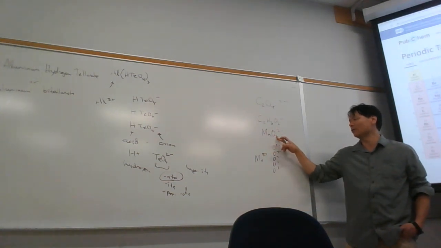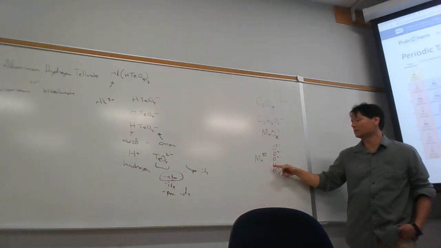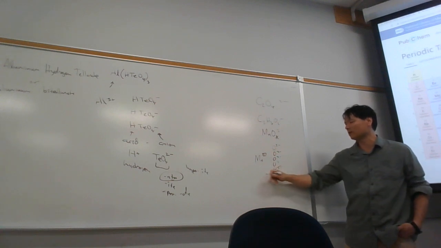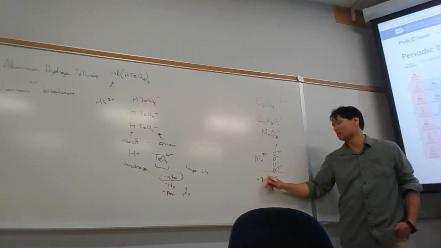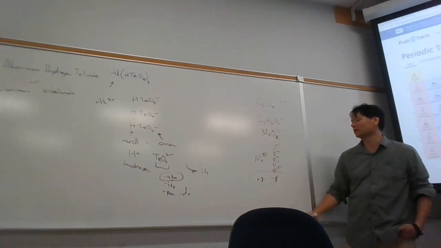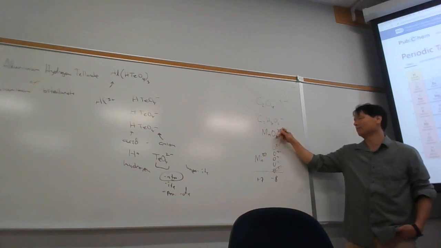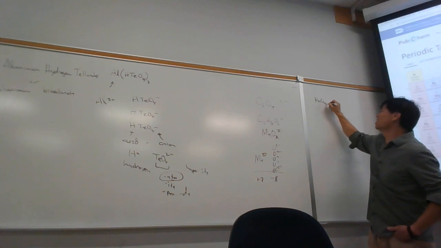It's not MnO7, it's MnO4. And if it's MnO4, then what is its charge? If we have 4 oxides, 1, 2, 3, 4, then the total negative charge is -8. Total positive charge is +7. That means the charge I wrote is also wrong, and the charge should be -1.